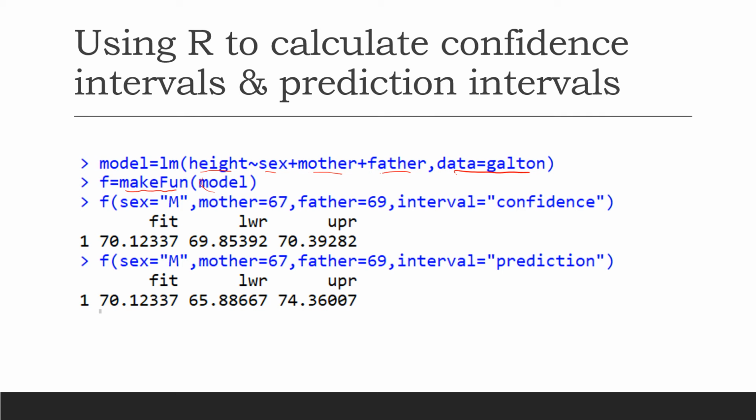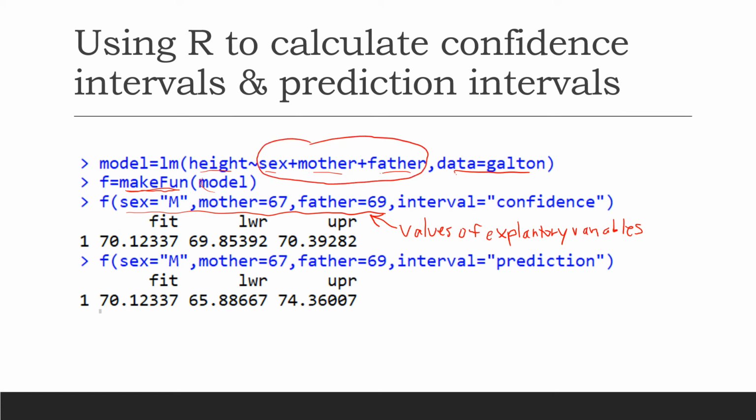I have to give my function a name, and I'm calling it f. Now I'm using this new f function that I made, and what I put in are the values of the explanatory variables, the same variables that I had to put in to make my model.